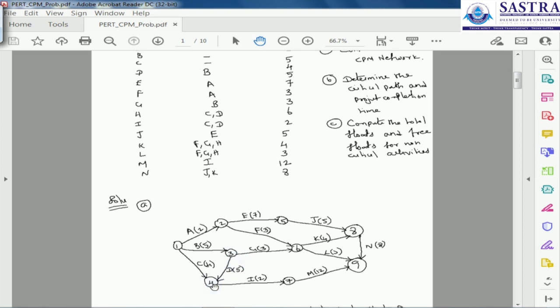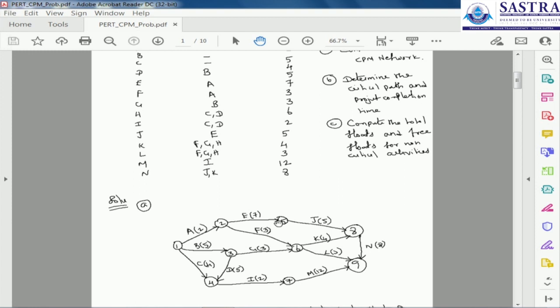Now node 5. Activity E has predecessor A, so we draw a line from node 2 to node 5, and the duration is E of 7.